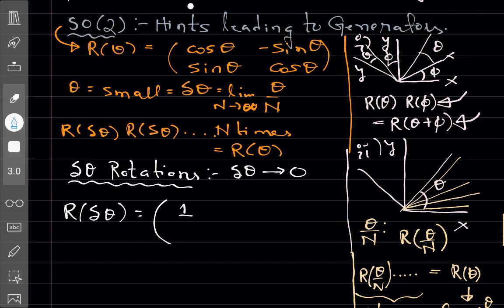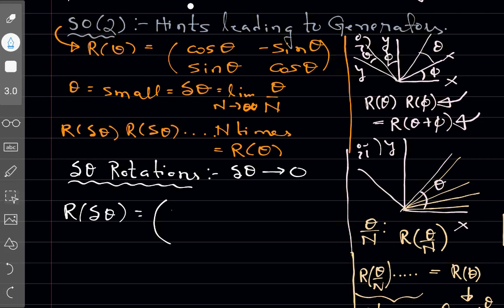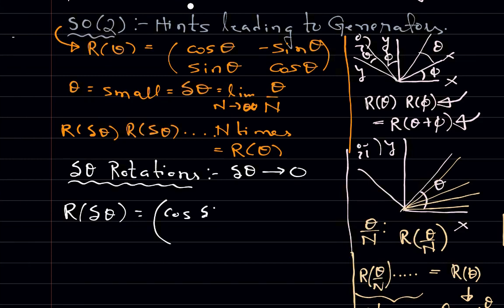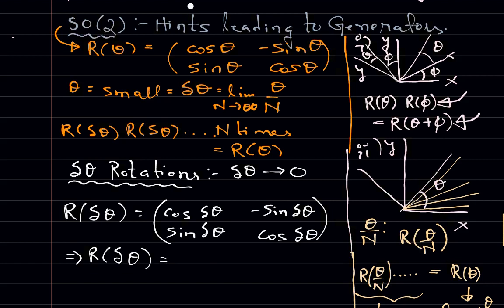Let me write them properly: cos of delta theta, minus sine of delta theta, sine of delta theta and cos of delta theta. For very small infinitesimal rotations, cos of a very small angle is 1 and sine of small angles are the angles themselves. So minus delta theta, plus delta theta, and 1.